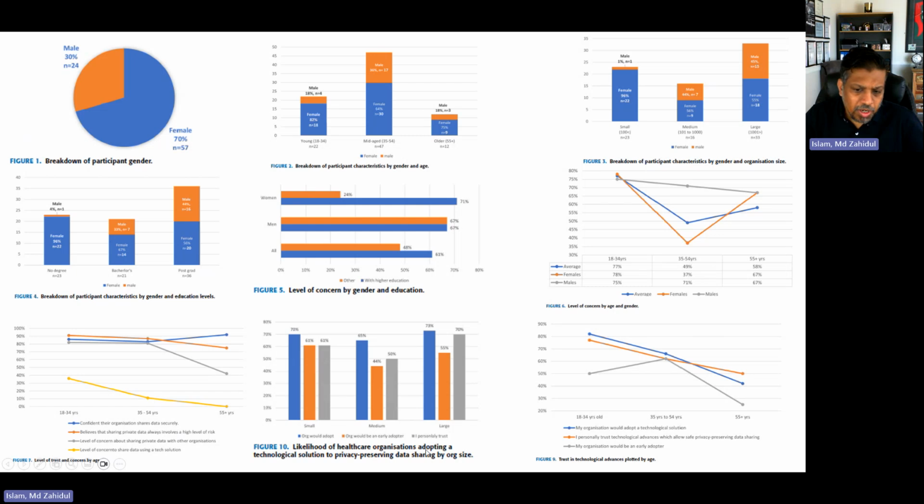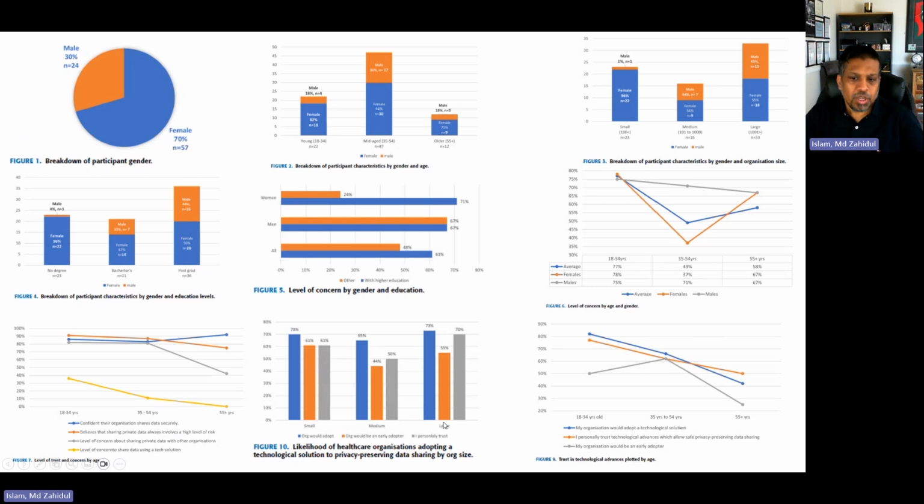Likelihood of healthcare organizations adopting a technological solution to privacy preserving data sharing, by organization size. We can see that personal trust level is reasonably high when the organization size is large.